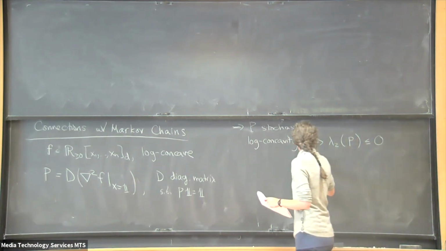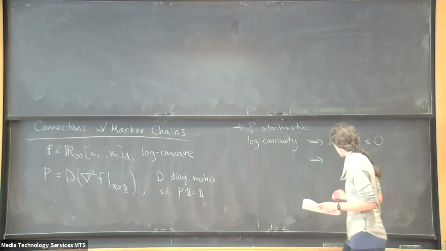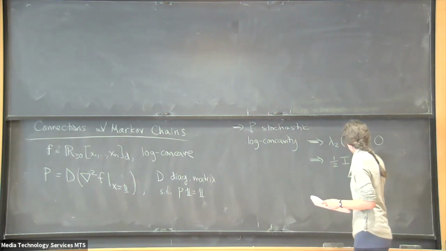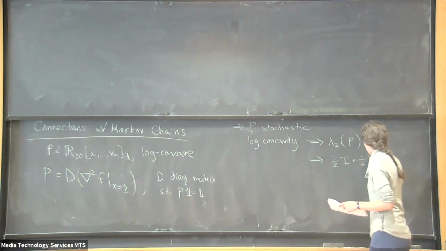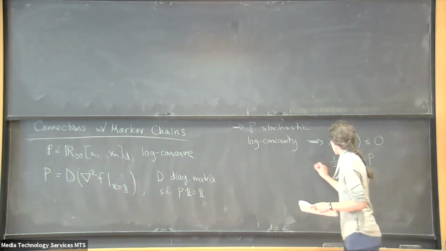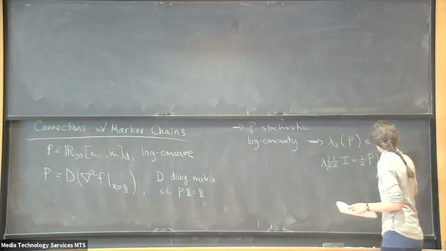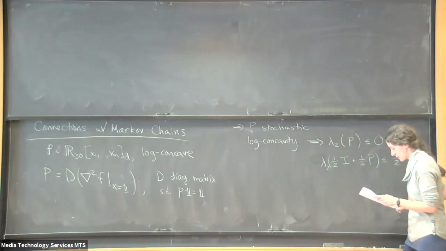And if we were to lazify this, looking at 1/2 of the identity matrix plus 1/2 times this matrix P, then the second eigenvalue would be at most 1/2.